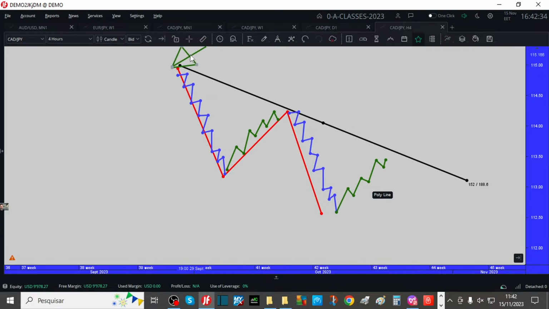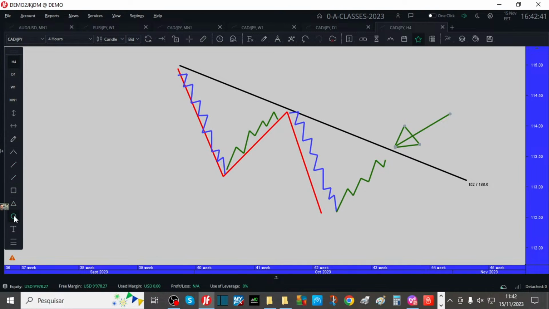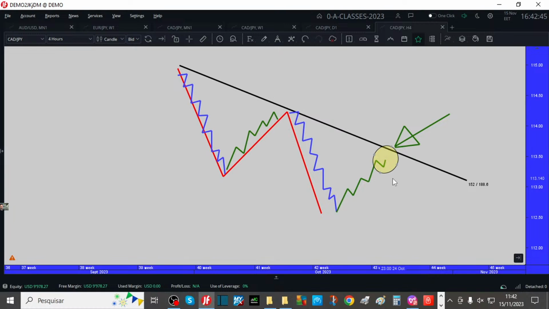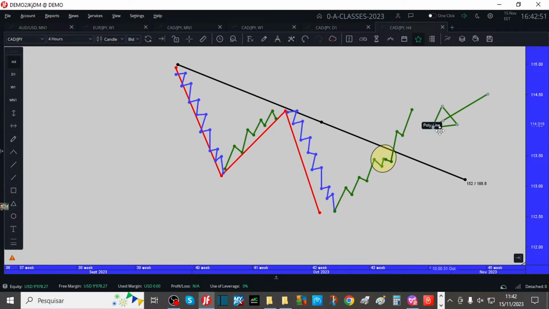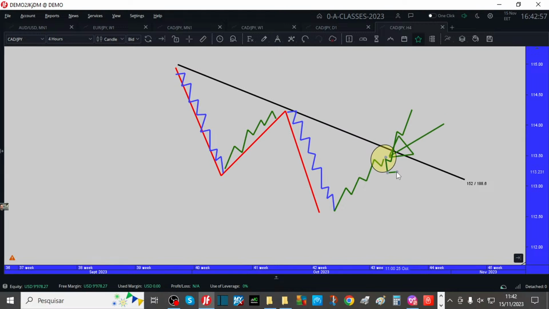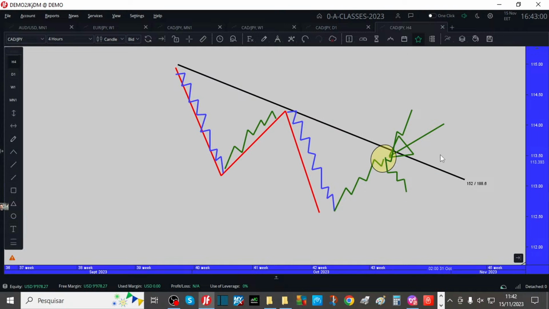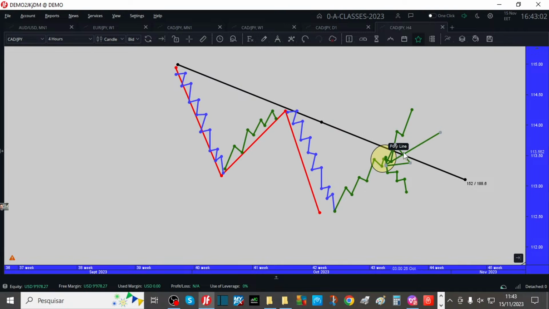Why not? Because the trend line is a tool that confirms the trend. If you buy the market in here because you speculate, oh, this market is going to go up, and you win, then it's okay for me. But if you buy the market in here and you lose, I'm going to call you in the office and ask you, John, why did you do this?